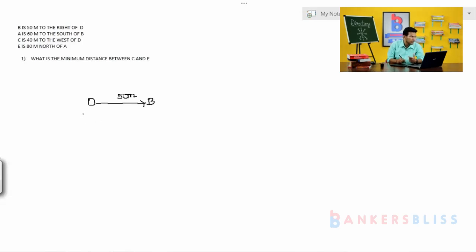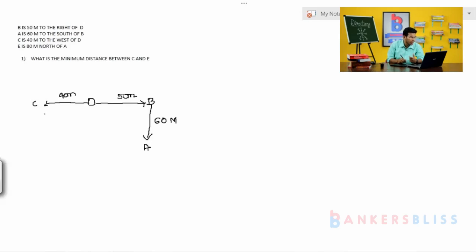Then A is 60 meter to the south of B. Simple guys, A is south of B, that is 60 meter. Then C is 40 meter to the west of D. C is west of D, that is 40 meter.